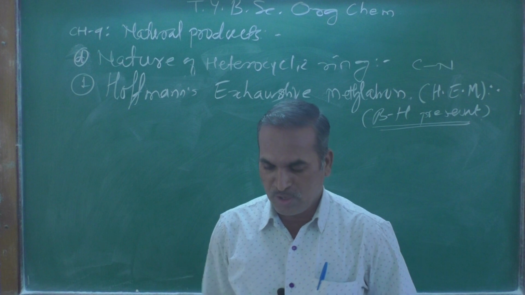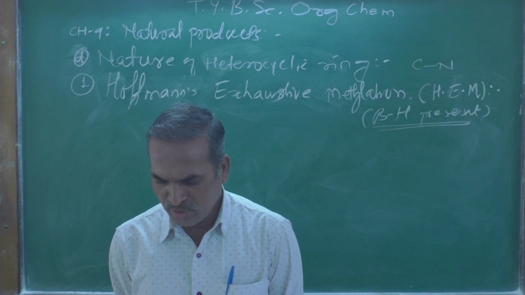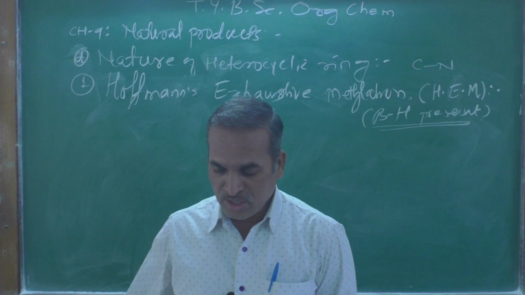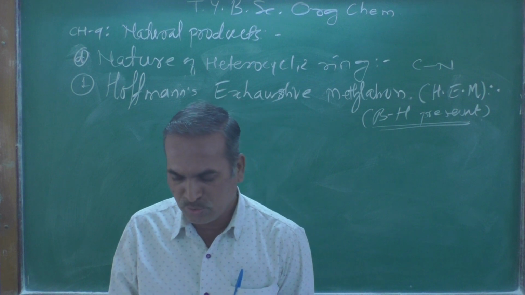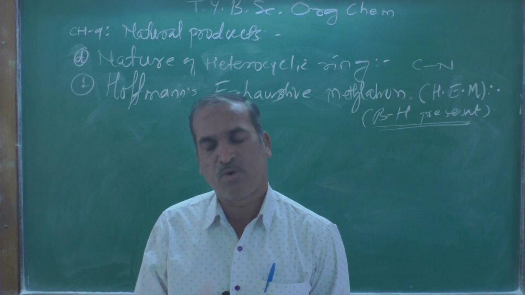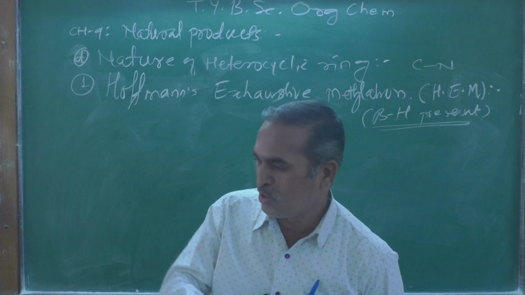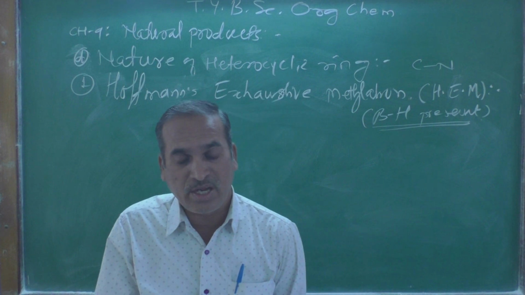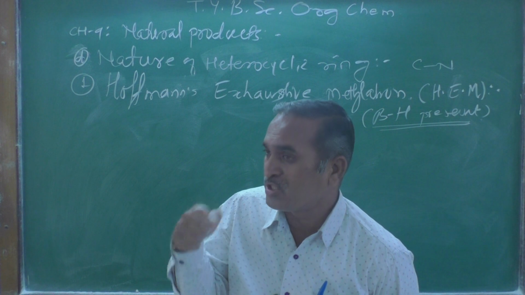Now the second point, the iodide derivative. The iodide derivative is then converted into its hydroxide derivative by the action of moist Ag2O. Whatever quaternary ammonium iodide is obtained, that derivative is further treated with moist Ag2O.